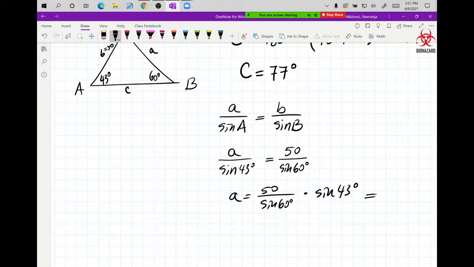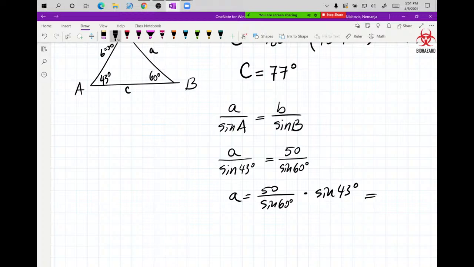And once we use the calculator to compute this, we will have the value. Now, sine of 60, we don't need the calculator for that. That's root 3 over 2. But then 43 will give us decimals. So now we're just going to get everything as decimals. So I'm going to use my calculator, first mode, and I'm changing into degrees. That's important.